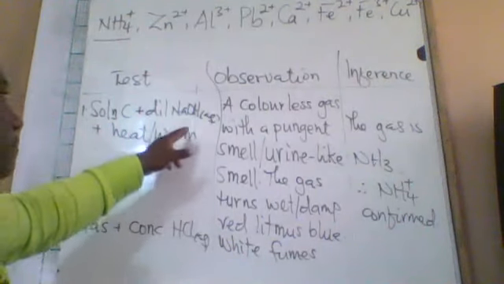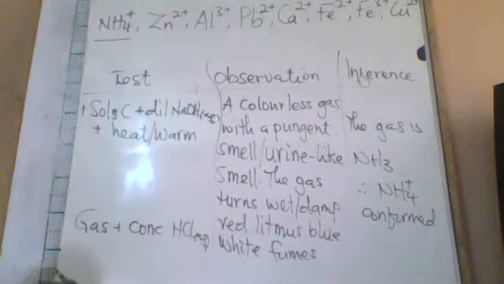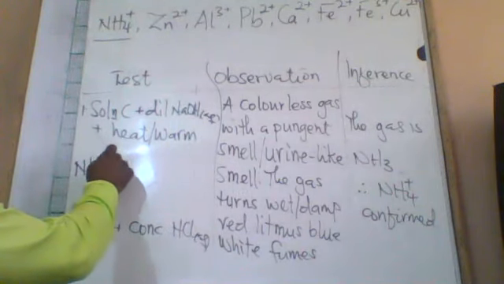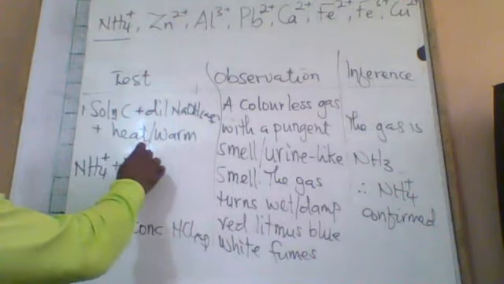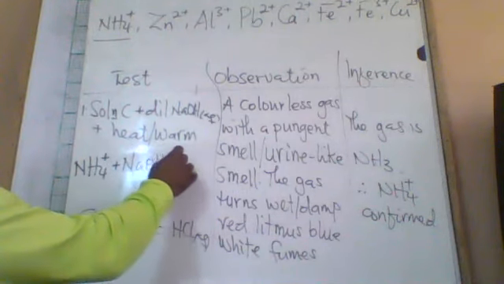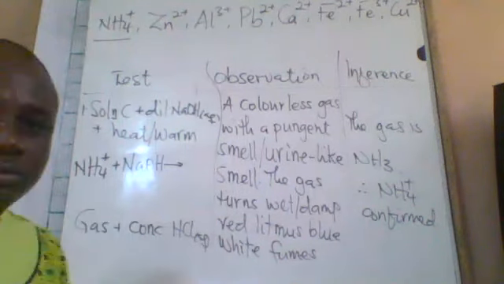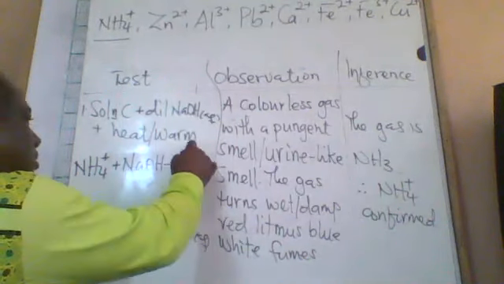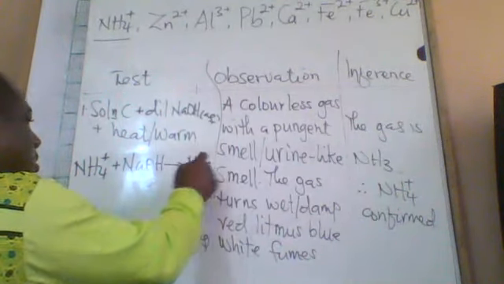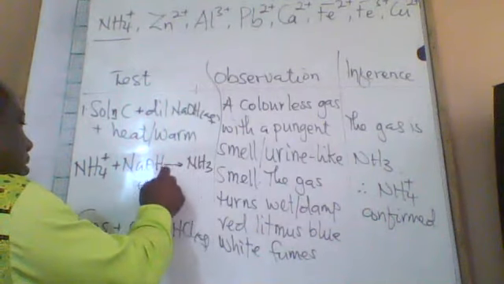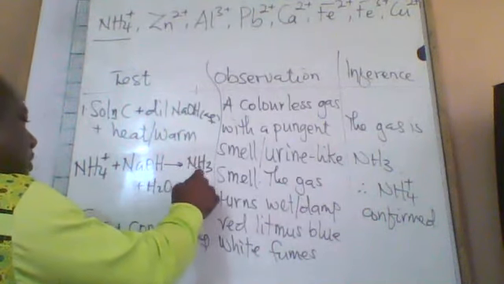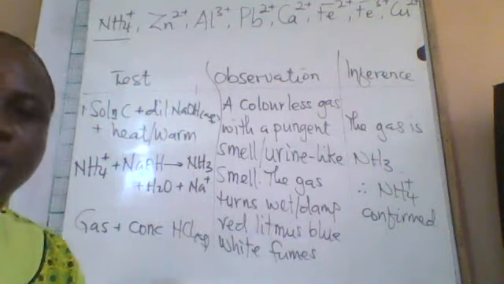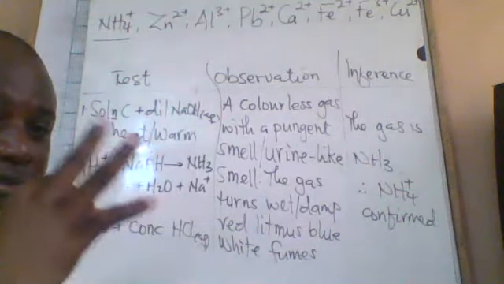So here, if you have an ammonium ion and you add sodium hydroxide to it, then you are going to get ammonia gas plus water plus a salt. 3 products will be obtained.